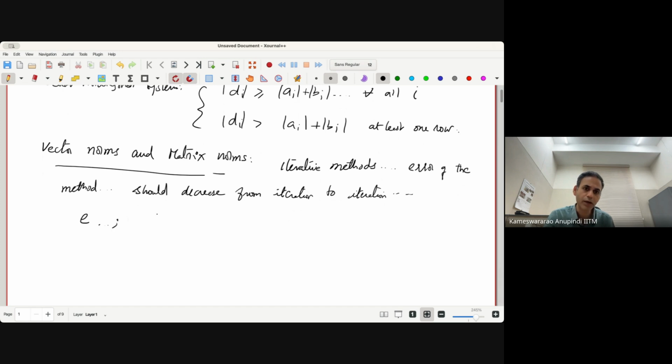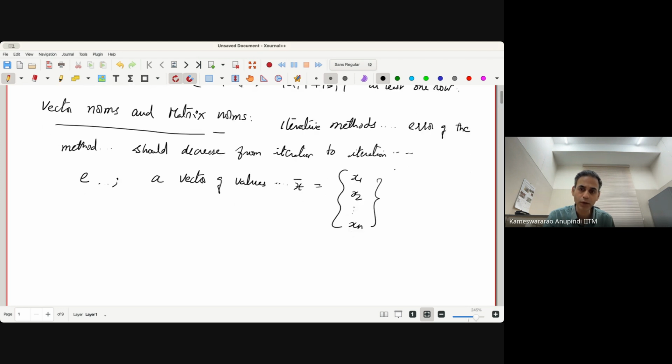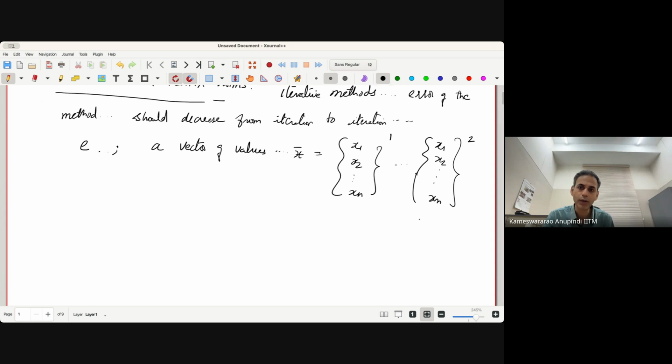However, let us say we have a vector of values, X bar, which is X1, X2, all the way to Xn, evaluated at one iteration, and then also evaluated at a later iteration, say 2. Then my error is also going to be a vector, right?